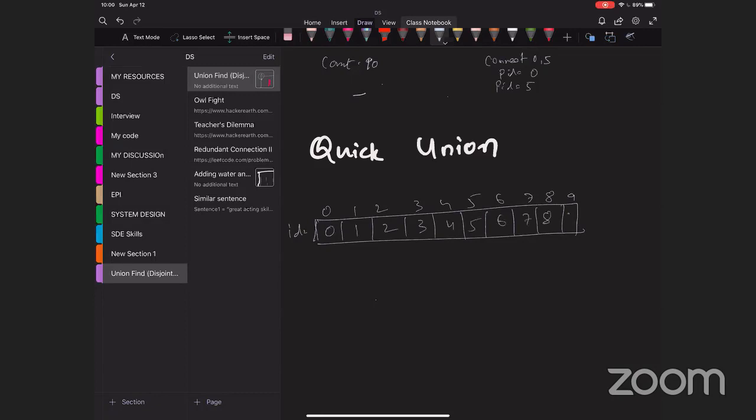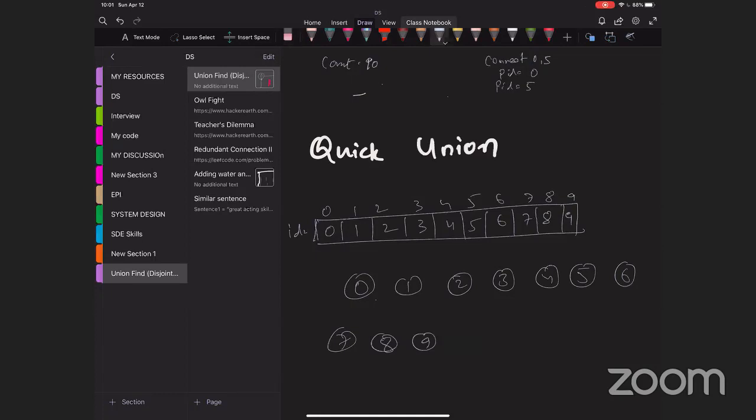So this will be my initial thing, right? Those are all the nodes. Now, instead of maintaining one array, we are going to do things a little bit differently, right?